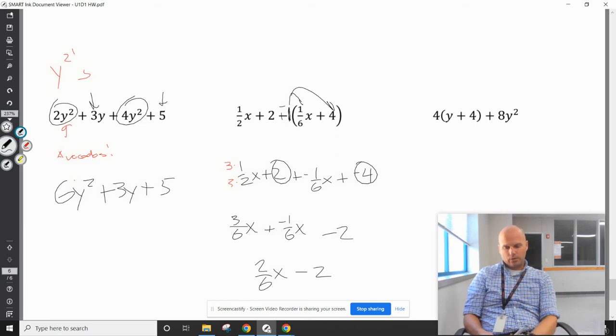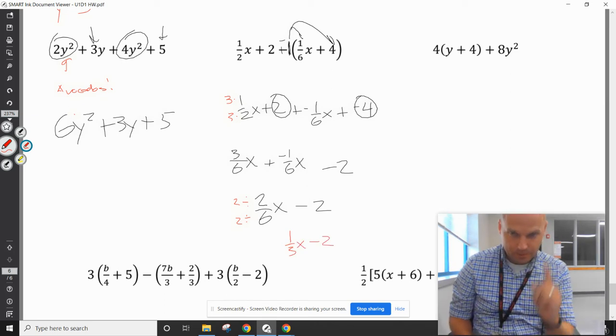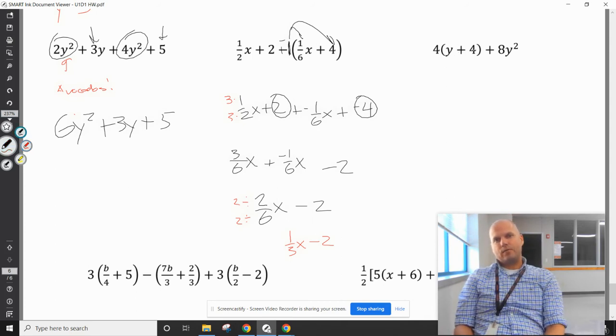I also owe 2 oranges. Well, 2 6ths of an apple, turns out, is the same as 1/3 of an apple. Okay. I have 1/3 of an apple. I owe 2 oranges. I have 4 bags of an apple and 4 oranges.